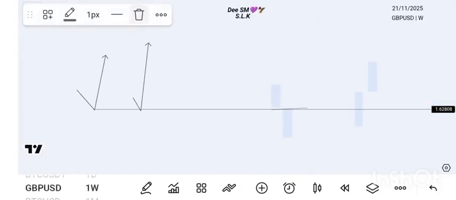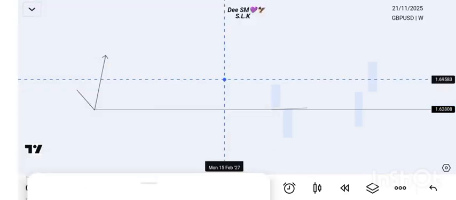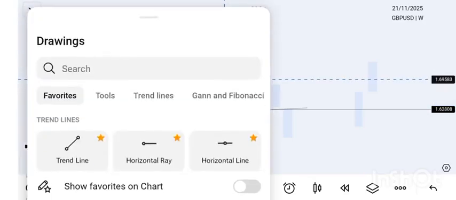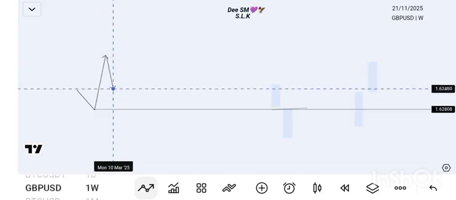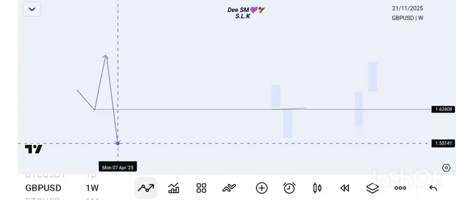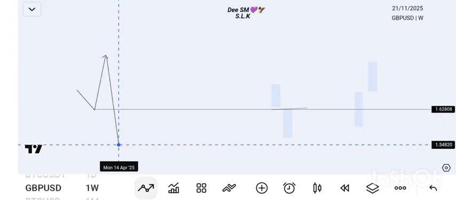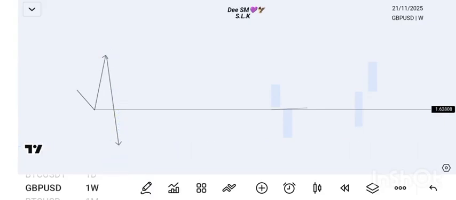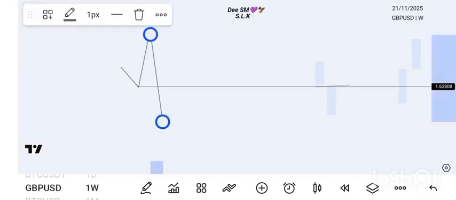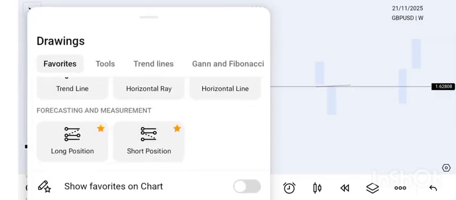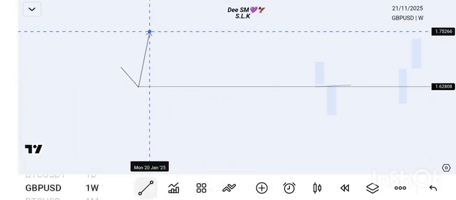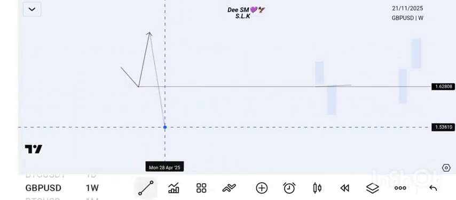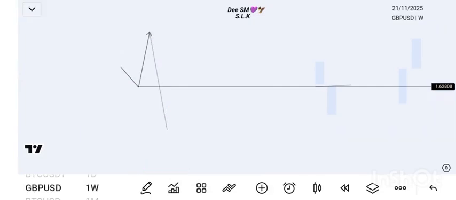Let me remove this one. So instead of price buying from here, price comes into this one and breaks it with an impulsive move, meaning that the zone that was supposed to be used for buys, we will now be flipping it.